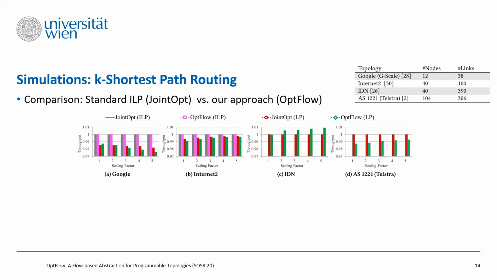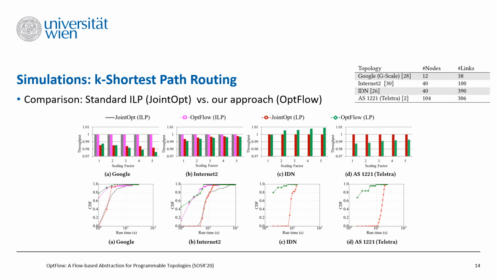What you see here with respect to the throughput is that in an ILP setting, the cross-layer optimization and our abstraction have exactly the same throughput, whereas if we introduce some rounding for the LP case, we get slightly lower throughput. But again, the cross-layer and our abstraction formulation don't really differ much in the rounding case.